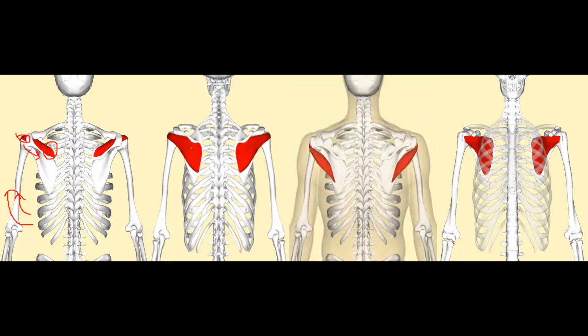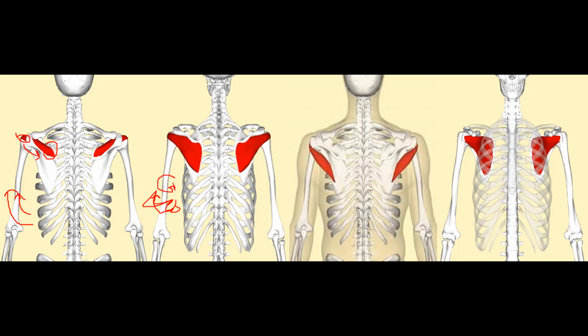We are now moving on to the infraspinatus, and this muscle is responsible for lateral rotation. So if we can imagine the arm from anatomical position, again, this is a posterior view. I'm sorry, ignore this, this is wrong. It's actually moving this way.